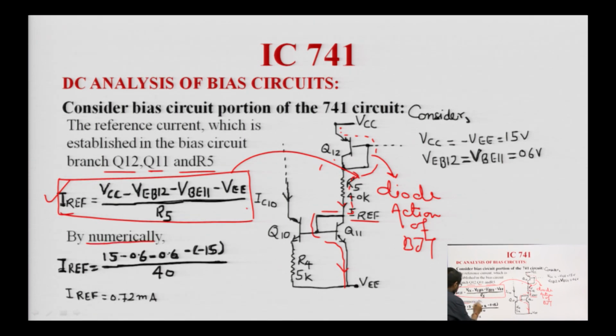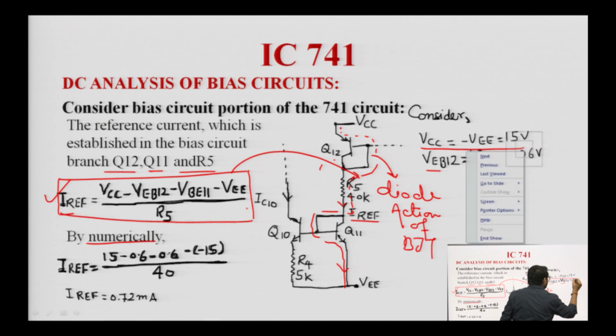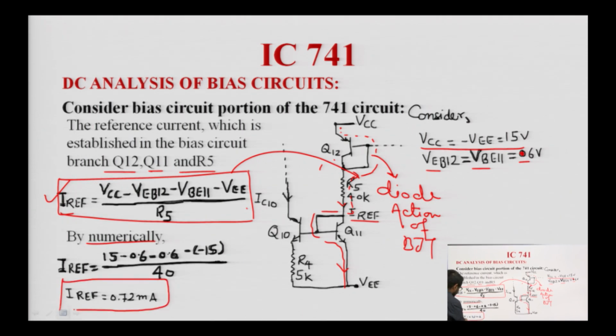Numerically, if we consider VCC and VEE equal to 15 volt, and VEB and VBE equal to 0.6 volt, and put them in, we get the reference current equal to 0.72 milliampere. Okay, the reference current of the bias circuit is 0.72 milliampere.